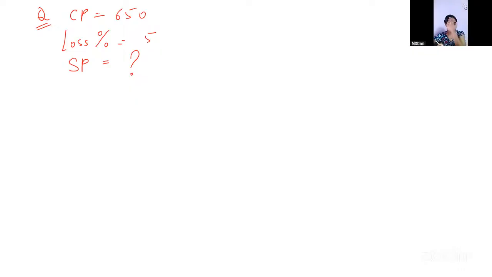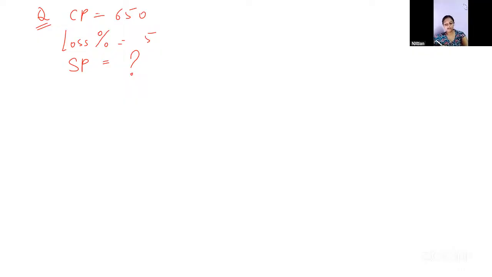Okay. If you want to do with that method also, it is okay. Abraham, Emma, and Joshua, where you find the loss first, and then from the CP or SP deduct it, and then find out the other one.